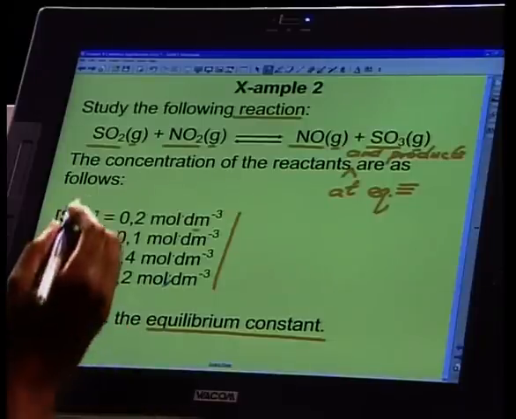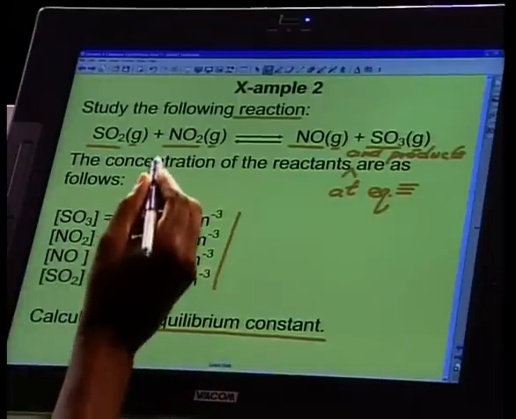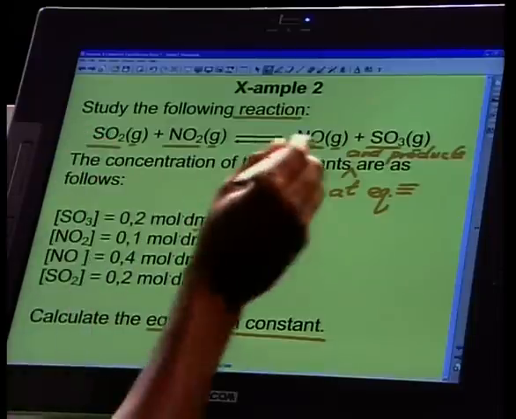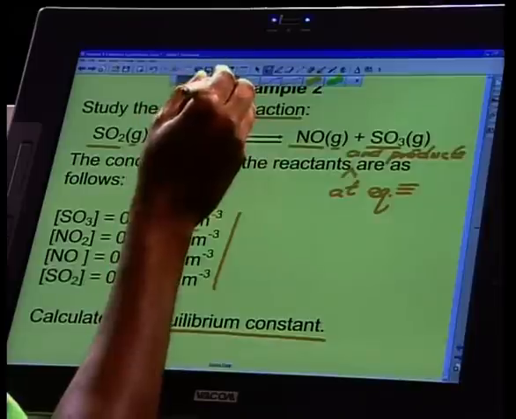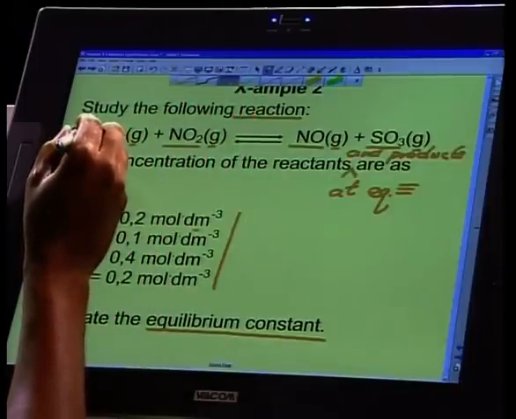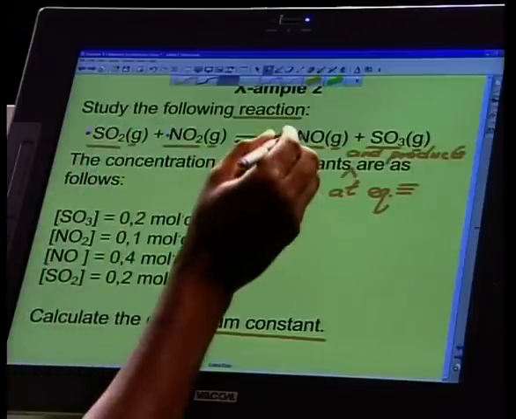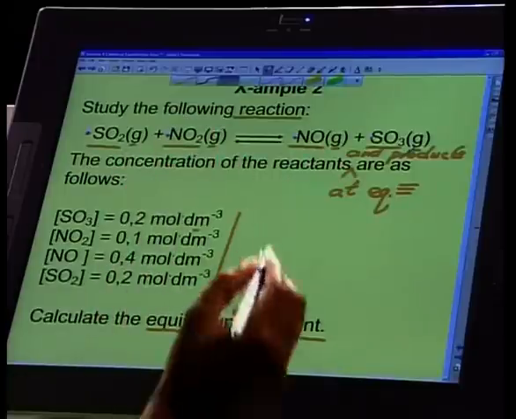All right? And we look quite safe here because this reaction is such that the balancing factors are sort of one. We don't have anything written there, and this chemical equation is balanced as it is.